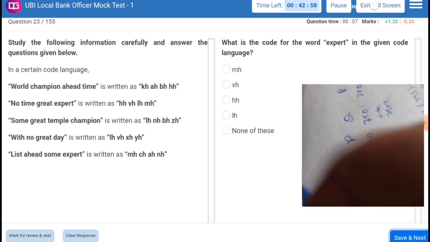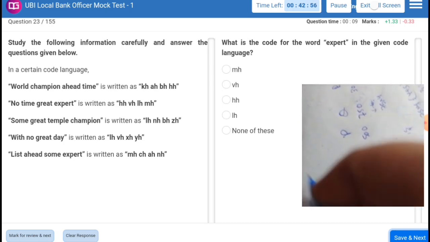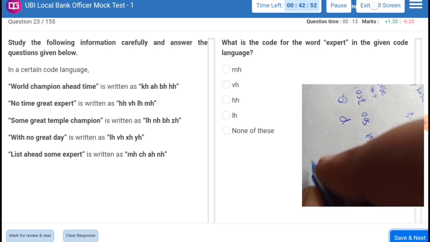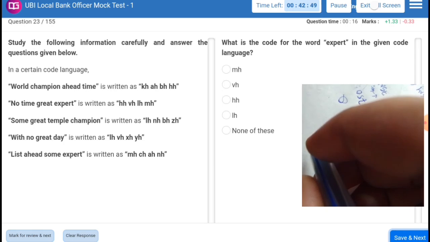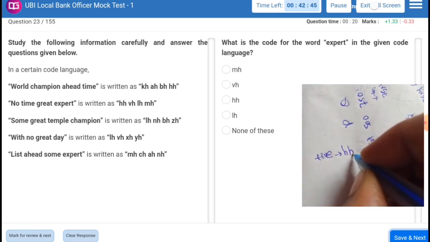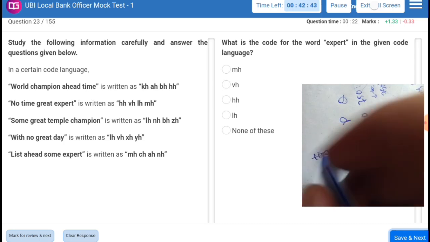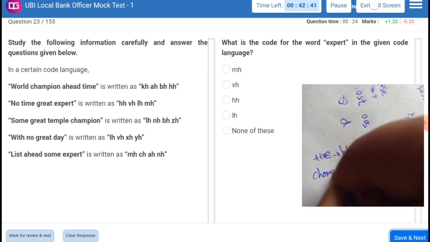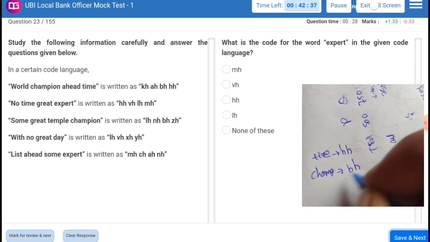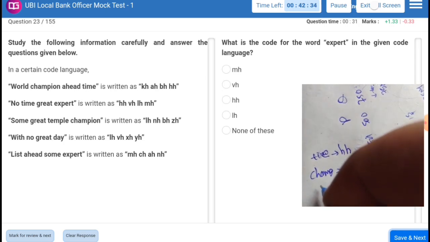Next, old champion ahead time. So time is HH. So champion is old ahead.